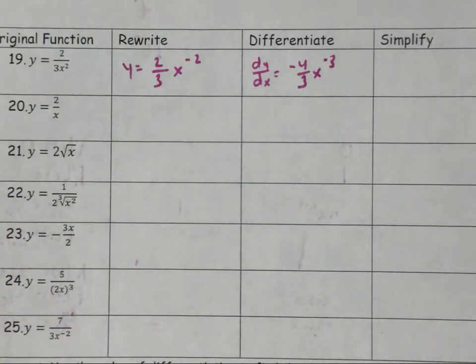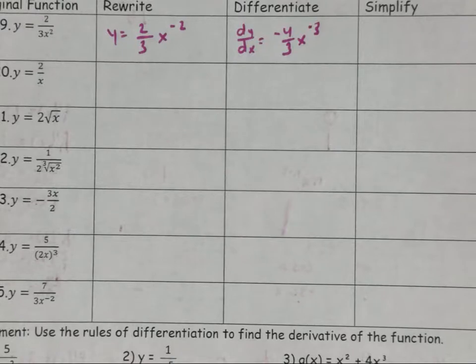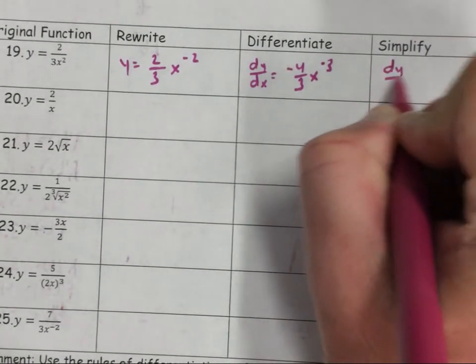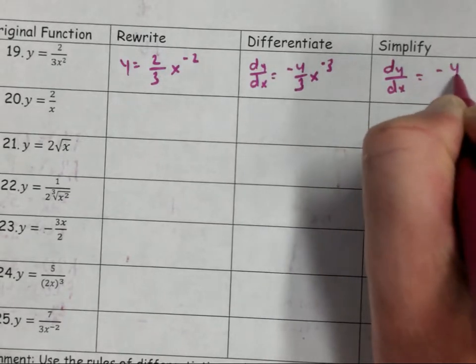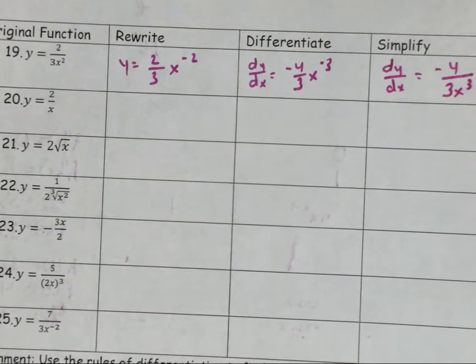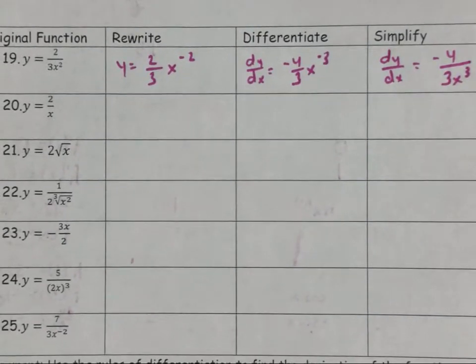Do I like negative exponents to be in my final answer? No, so how could I write that as my final answer? Negative 4 over 3x cubed. That would be my answer.